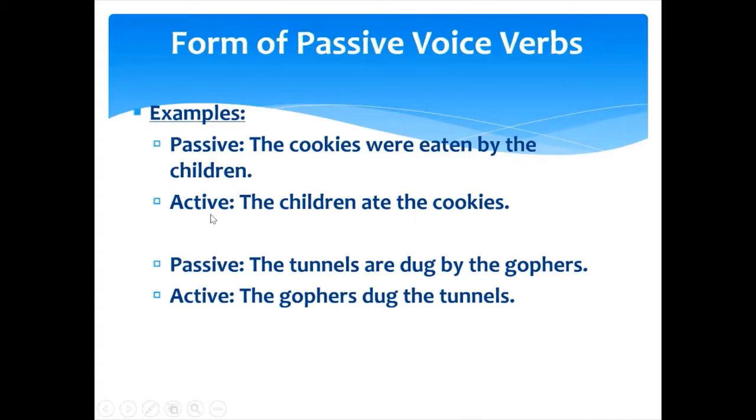The active form of the sentence: the children ate the cookies. So in active voice we are using the verb form ate, which is simple past tense. In the passive form we are using the past participle, were eaten.